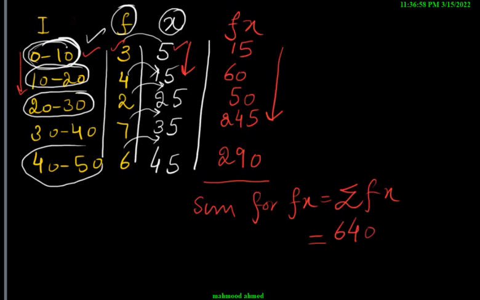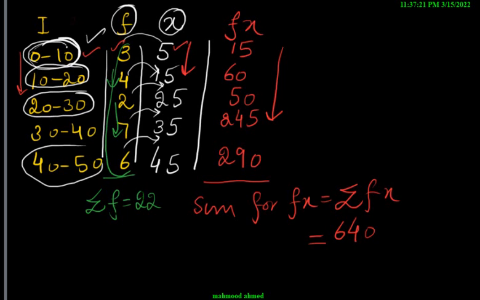In the same way, we calculate the sum of the frequencies, all the values of f in the second column. By adding all these values, we get sigma f, the sum of all the values of f, and this sum is equal to 22.